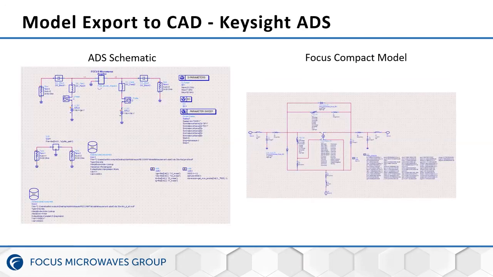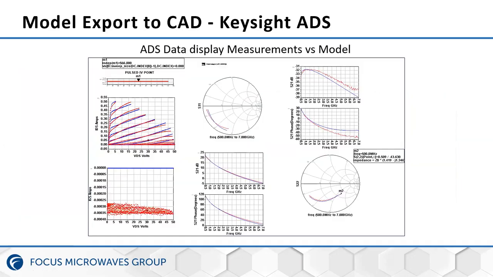The Focus Compact model also offers a complete schematic with complete information that can be exported to any of the simulation environments that include both ADS and Microwave Office. A complete template is provided with the system. Here is an example of the simulated and the modeled data for the generated model.